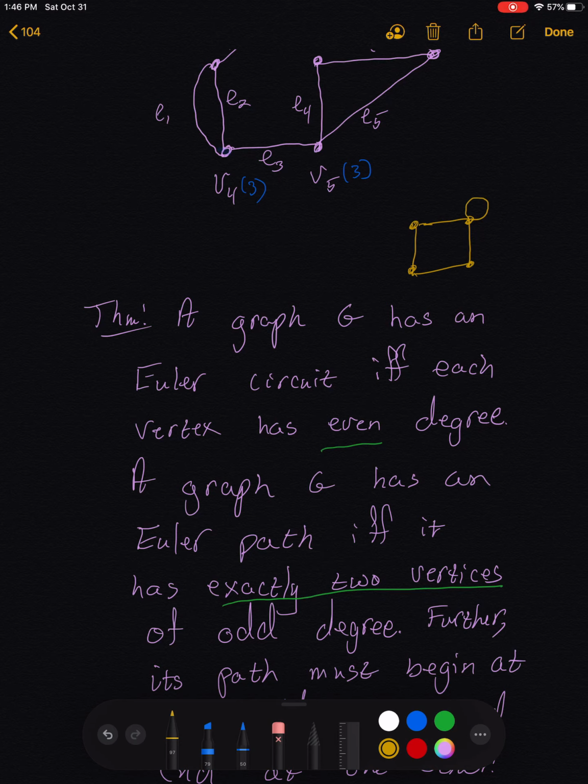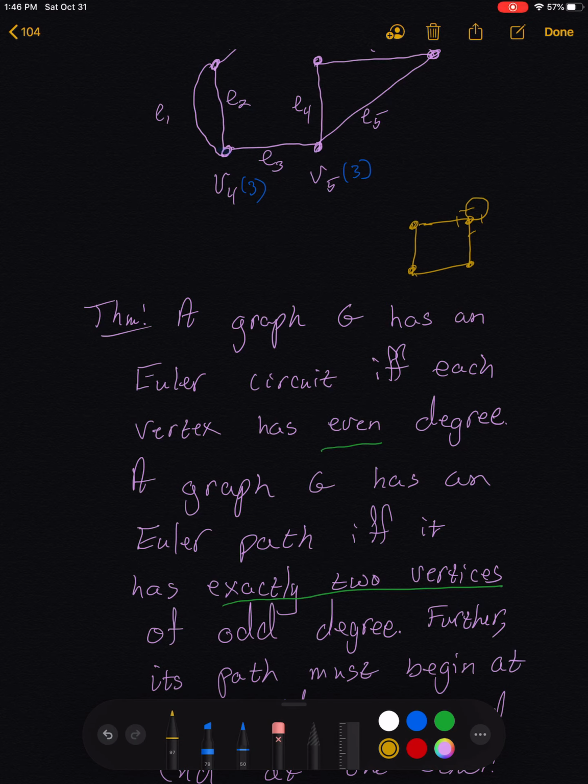So even though there's only 3 distinct edges attached to this vertex, one of those edges is attached twice. So we would say the degree of this vertex is 1, 2, 3, 4. So all this is to say that the case where we have exactly one odd vertex cannot occur.